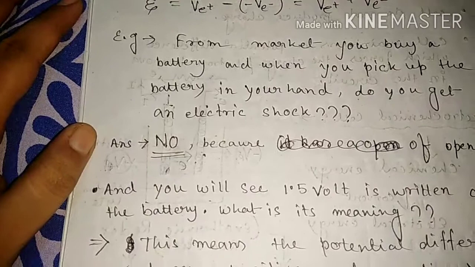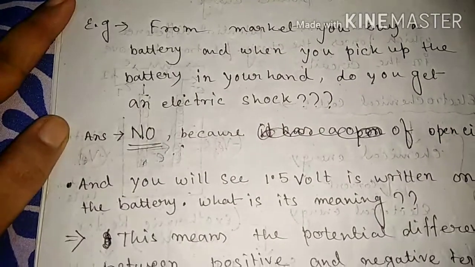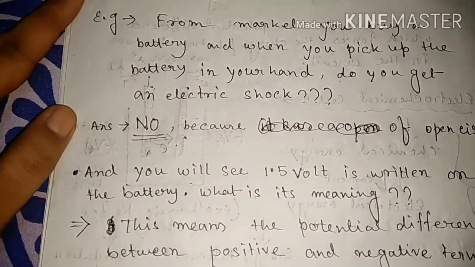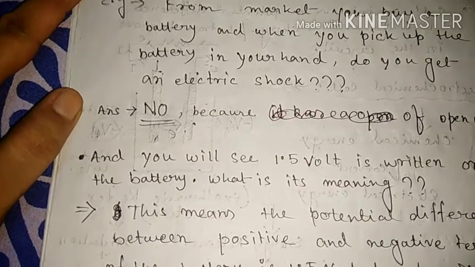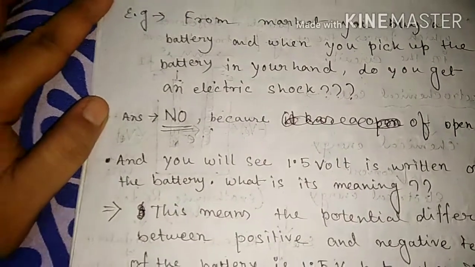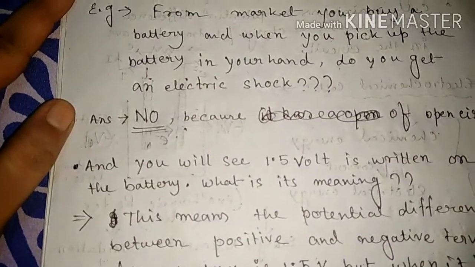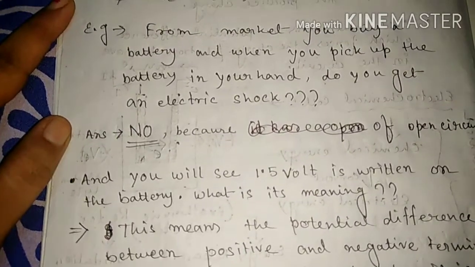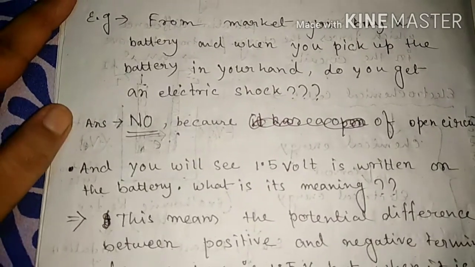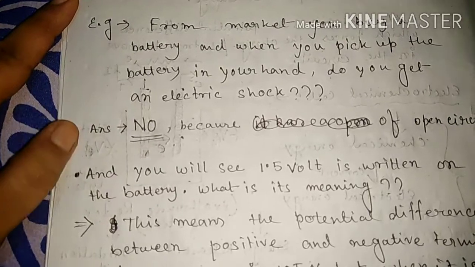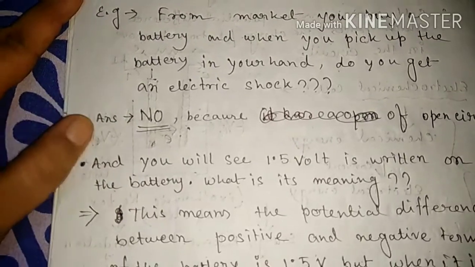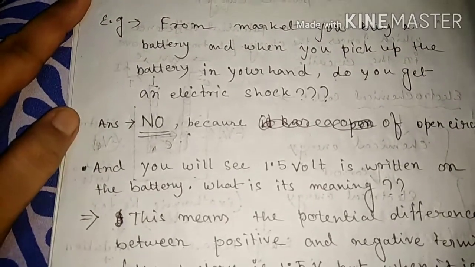No circuit is there. Another one, you will see that a 9 volt battery is also available in the market. We also use it for practical purposes. It is written over there, it is 9 volt, it is 1.5 volt. What does this mean? It means the EMF of that battery is 1.5 volt, or the EMF of that battery is 9 volt.